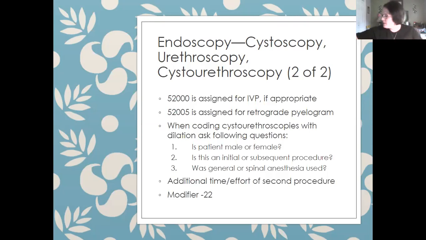So what is modifier 22? I want to read it. I don't want to make a mistake. So modifier 22 is increased procedural service, because that means we had extra time.